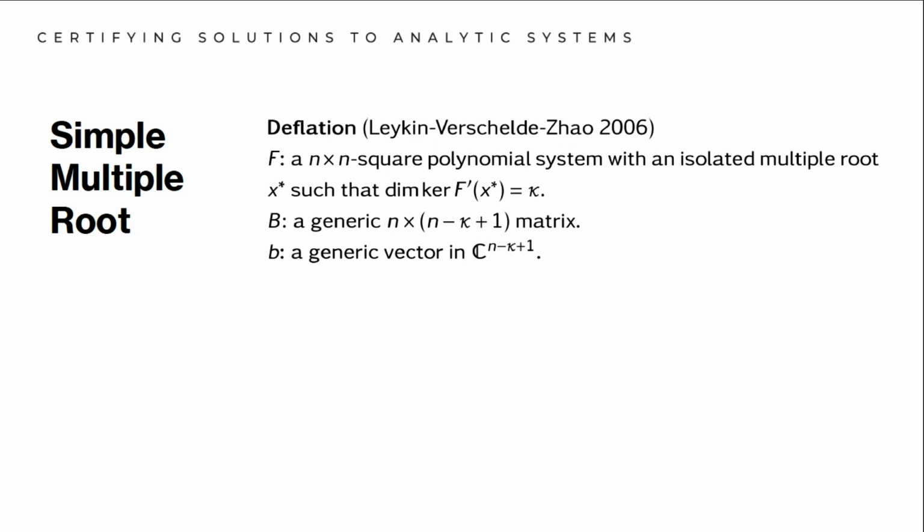We need some random choices. B is a generic matrix of this size, and b is also a randomly chosen vector.